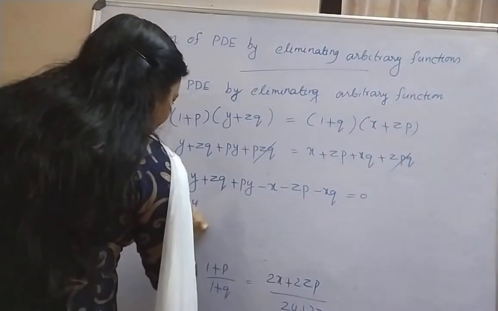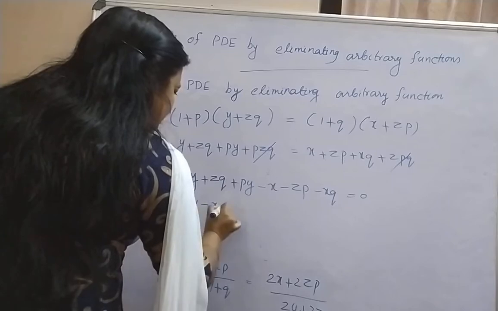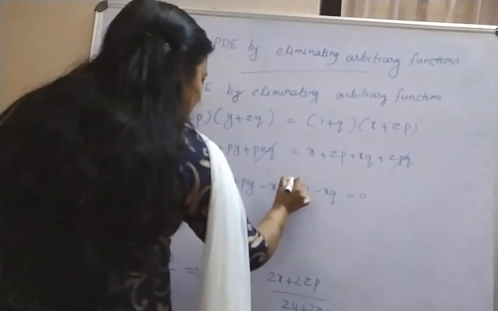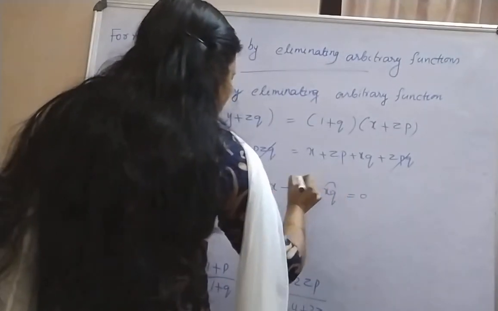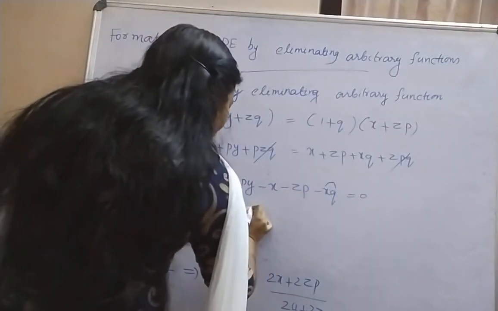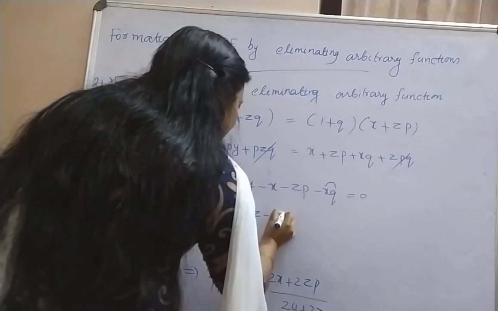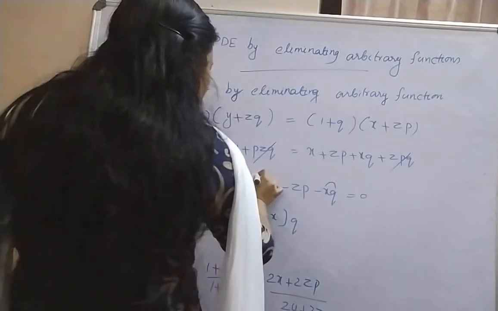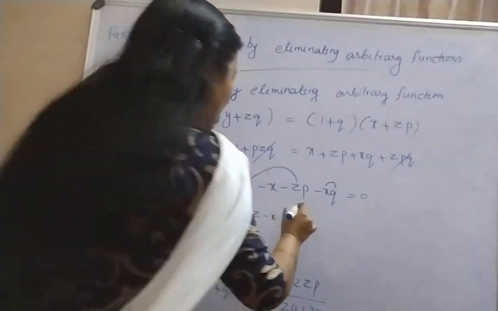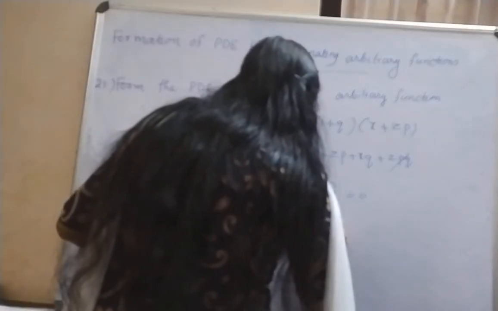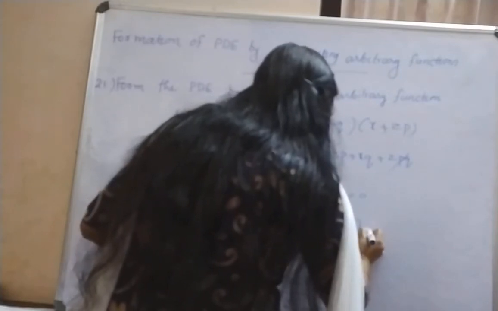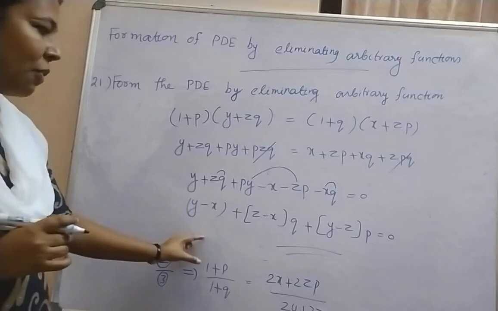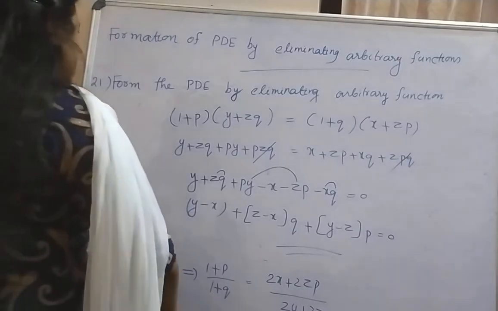That is, y minus x plus, from these two take q outside, z minus x into q. Then from these two take p outside, plus y minus z into p equal to 0, which is the required partial differential equation. Next question.